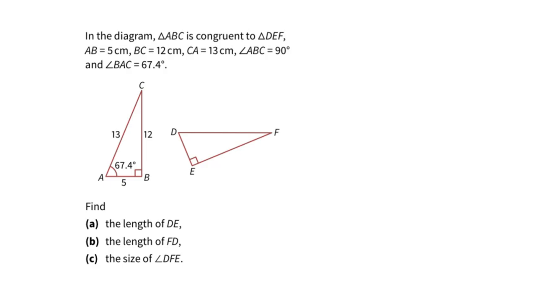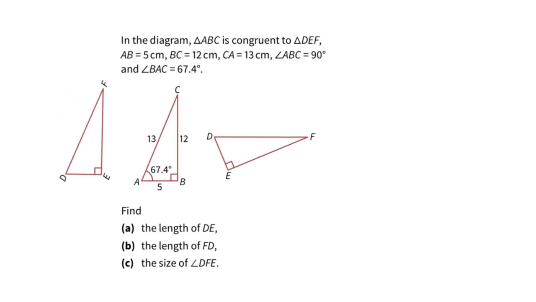Well, this question gave us the information that triangle ABC is congruent to triangle DEF. So the very first thing for Mr. Tan would then be to try and orientate the triangle DEF in the same way as triangle ABC and put them side by side here.